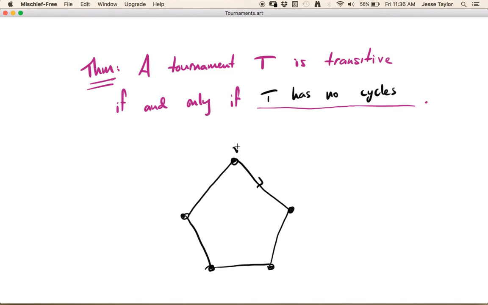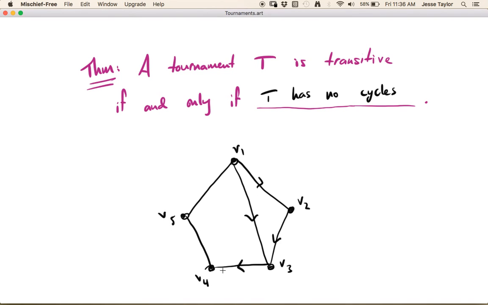So if V1 goes to V2, goes to V3, then by necessity, by our definition of transitivity, this has to be there and it has to point this way: V1, V2, V3 means that V1, V3 is there. Okay, and let's say we add this one in. Now we have V1, V3, and we'll call these V4 and V5.